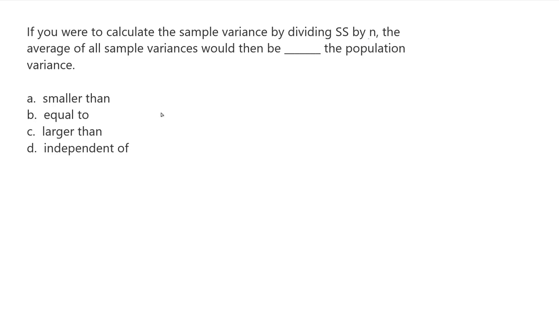Okay, now the key here is to consider that we are looking at the idea of all sample variances, and we're going to take the average of all sample variances. Now, they're certainly not going to be independent of. The whole point of a sample variance is because you can't directly measure the population variance, and you're hoping to use what you see in the sample to estimate what's going on in the population.